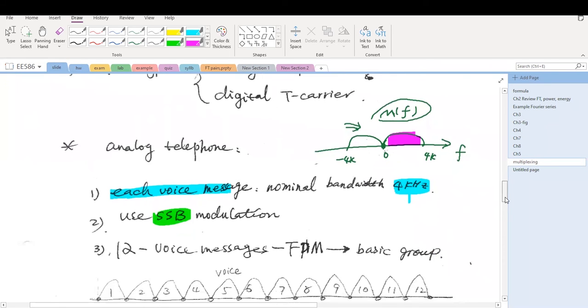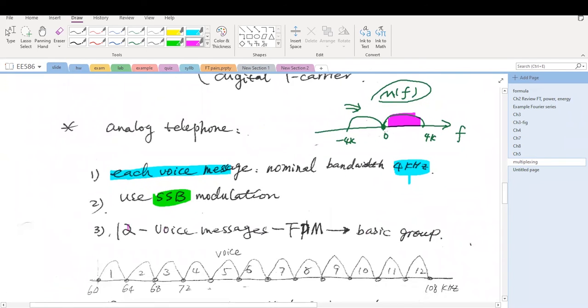First of all, it groups 12 voice signals together and modulates them, and then groups another 12 voice signals into another group, and modulates the groups again. It's called a hierarchy scheme. But let's not talk about group modulation. Let's talk about these 12 voice signals from different users, and how they are modulated using frequency multiplexing.